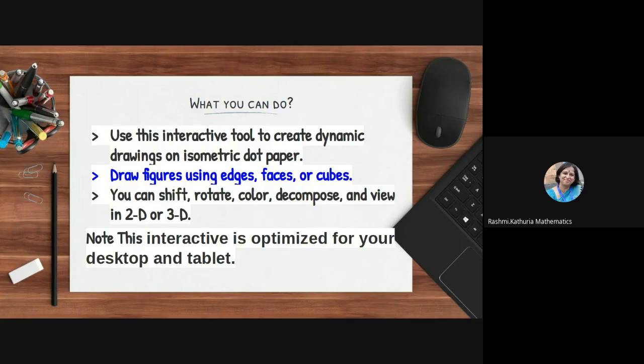You can see that x-axis, y-axis and z-axis faces are available, and we can place them, join them and construct cubes and cuboids of varied dimensions. And then you can use shift, rotate, color, decompose and view the particular objects which we are creating by joining the unit cubes in 2 dimension or 3 dimension. My dear friends, please note that this interactive tool is optimized for the desktop and tablet.